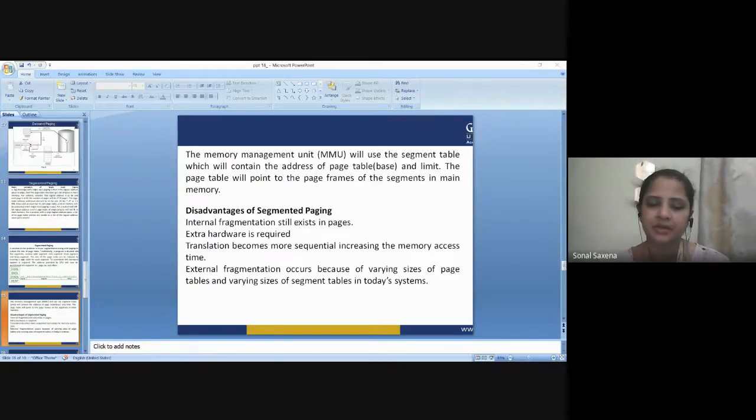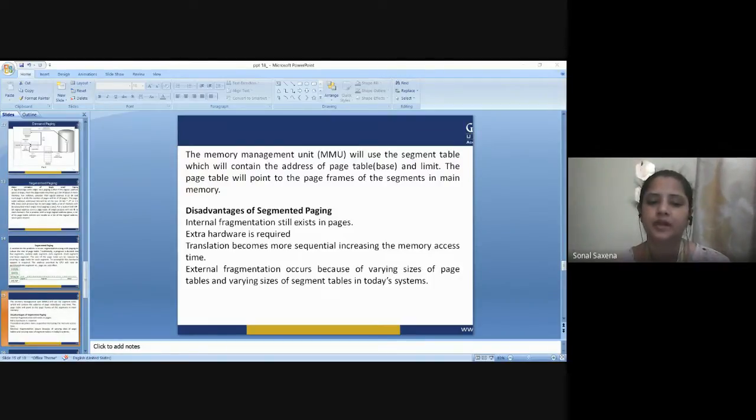So, in segmented paging, the main memory is actually divided into variable size segments, which are further divided into fixed size pages. Pages are smaller than the segments, and each segment has a page table, which means every program has multiple page tables.